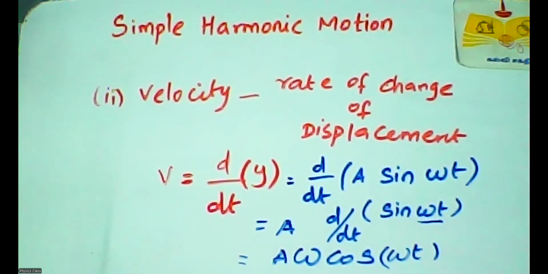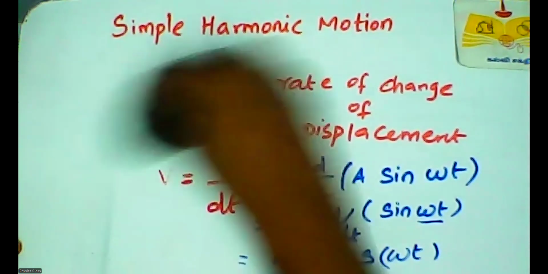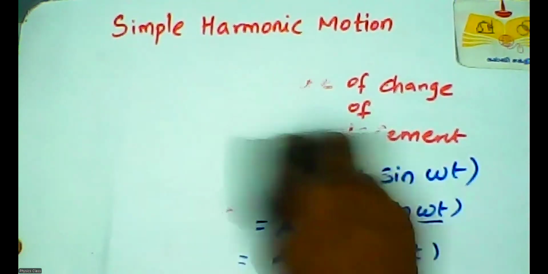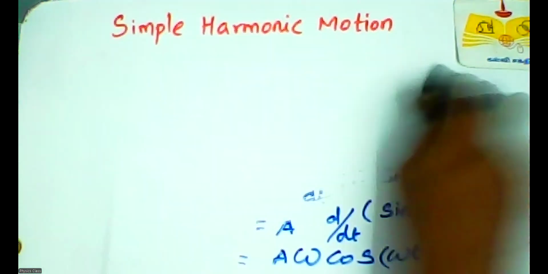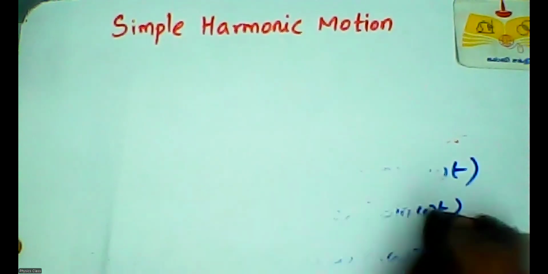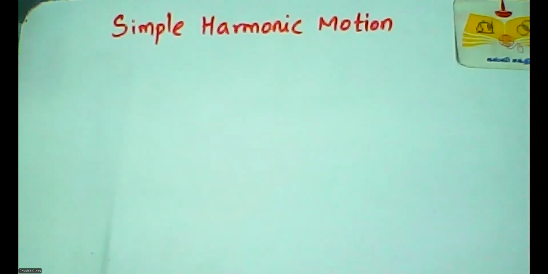And then we will move to the acceleration, because for acceleration we need a velocity term or displacement term. Without the displacement term or velocity term, we cannot find the acceleration. That's why we found the velocity and displacement here. So next one, acceleration.